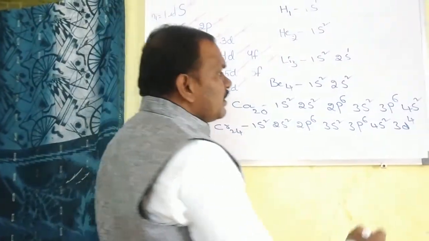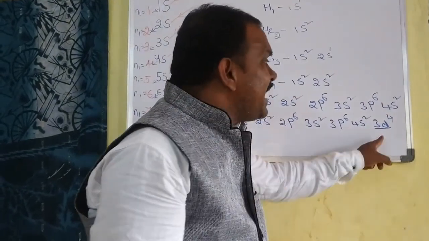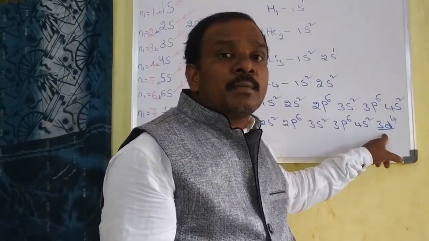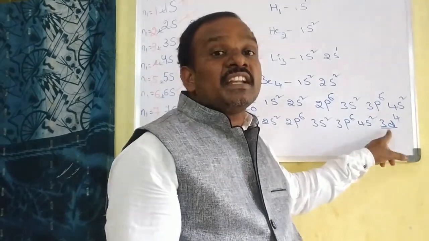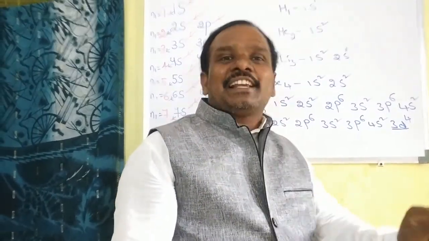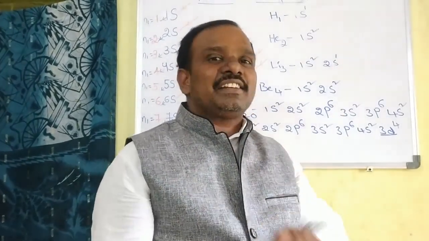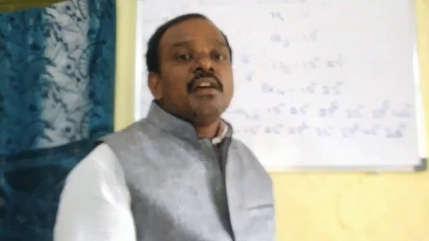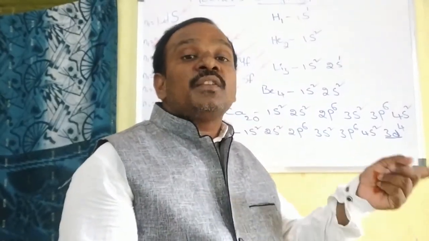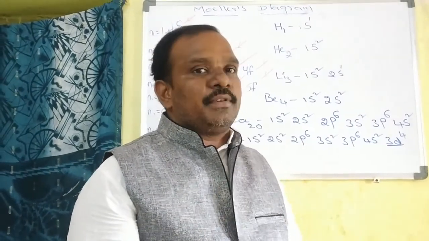You see here 3d4 is there. The maximum number of electrons accommodated in a d orbital is 10. If 10 electrons are there, that is a fully filled electronic configuration. If the d orbital has 5 electrons, that is a half-filled electronic configuration. Half-filled or fully filled electronic configurations of elements are more stable.